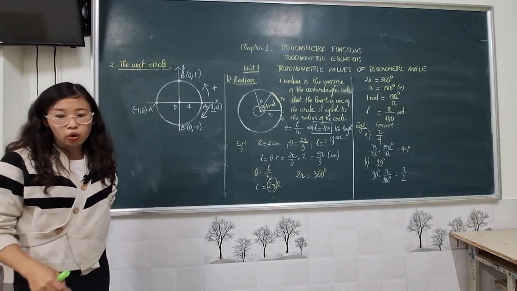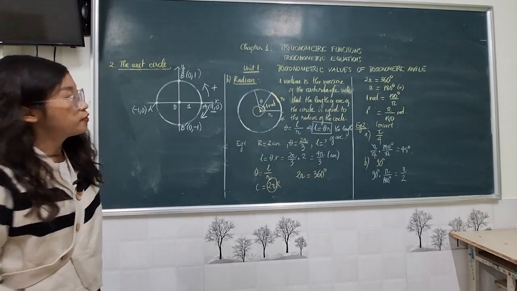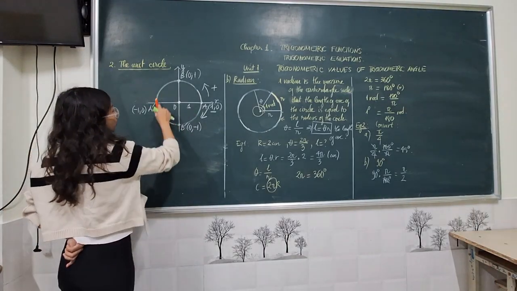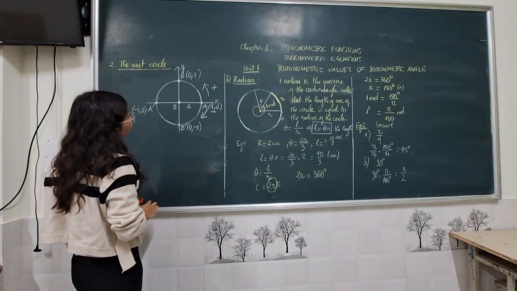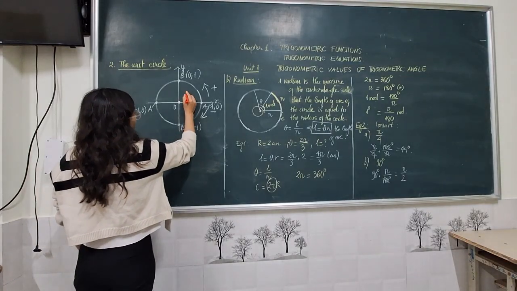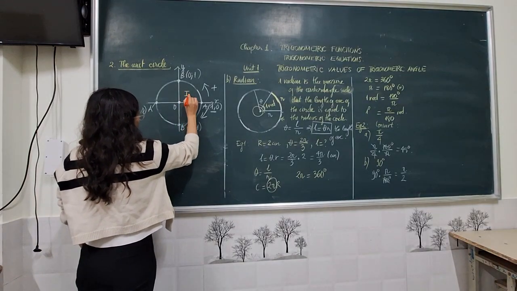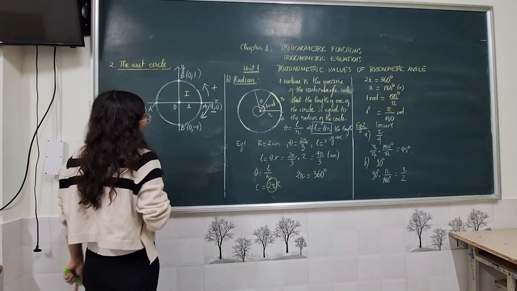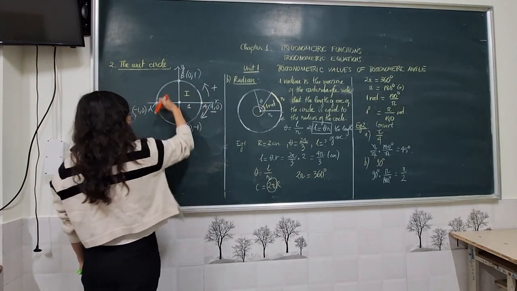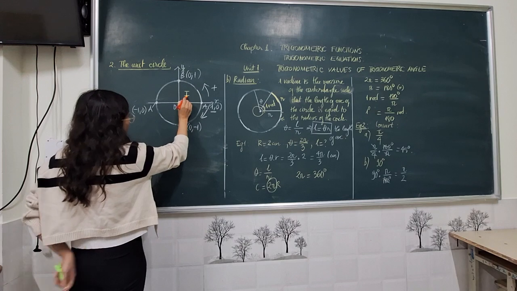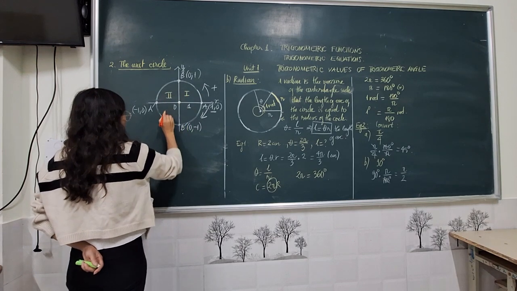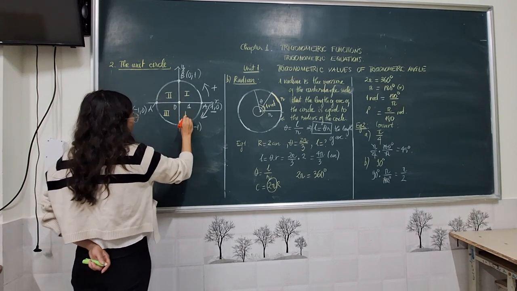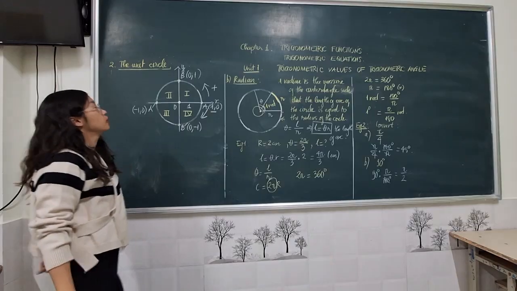The unit circle divides the coordinate plane into four parts called quadrants. Let's label the quadrants counterclockwise: quadrant 1, quadrant 2, quadrant 3, and quadrant 4.